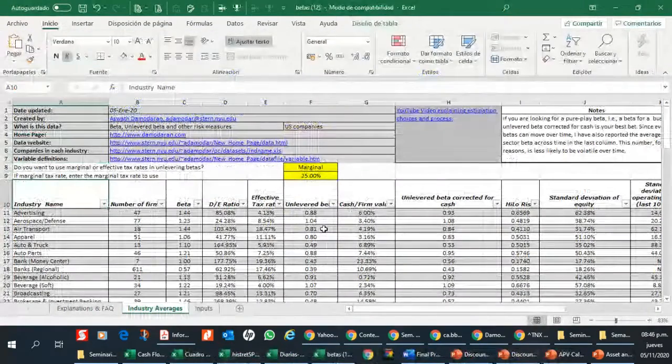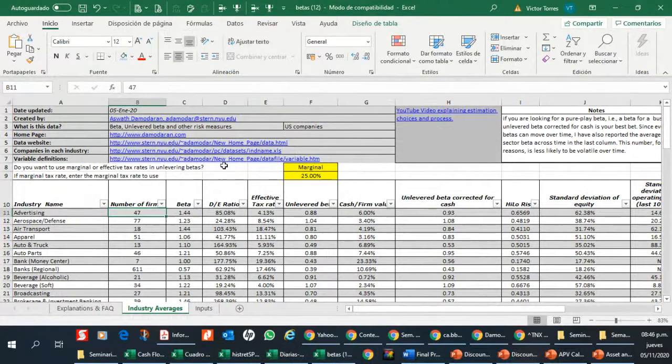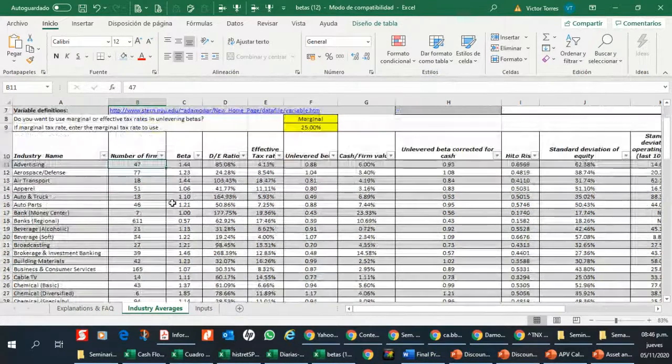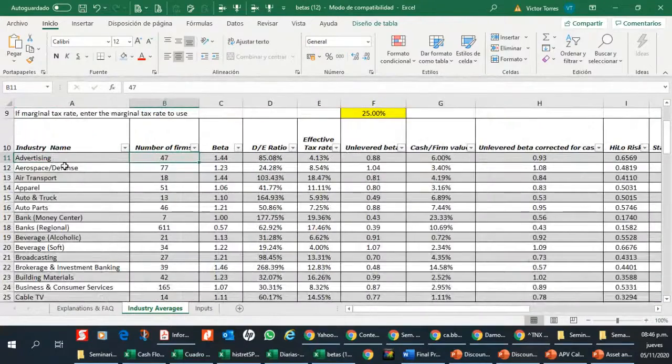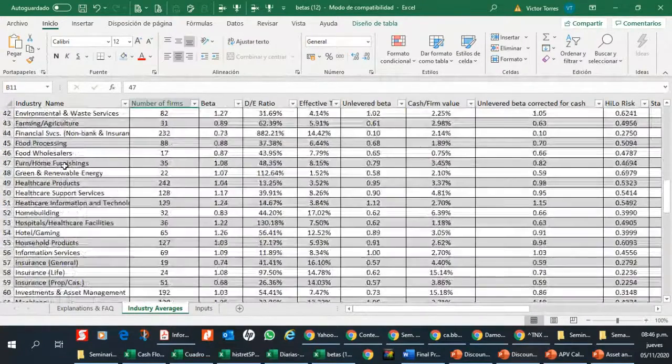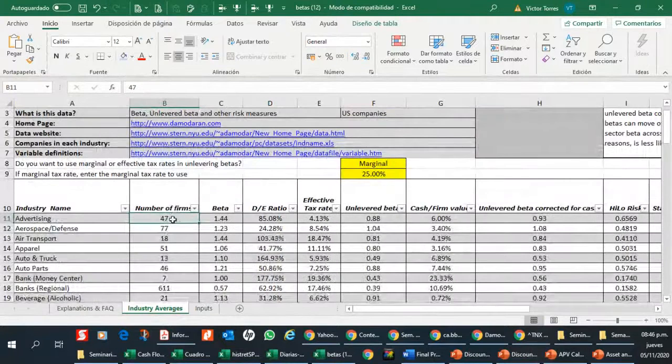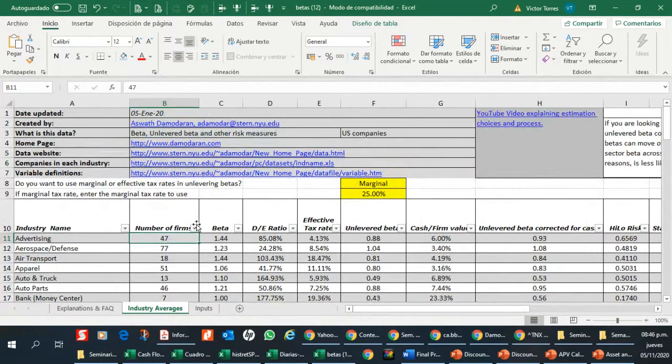And the good thing about this is that he has this information for every possible sector. He gets this information from data sets from Value Line or other suppliers of information.